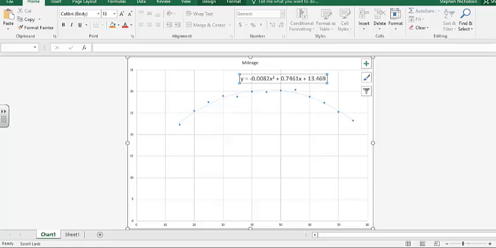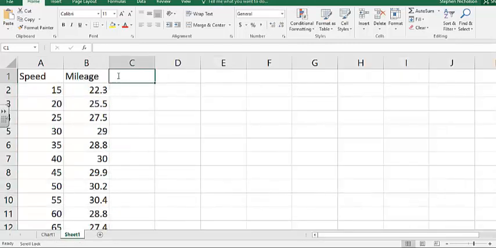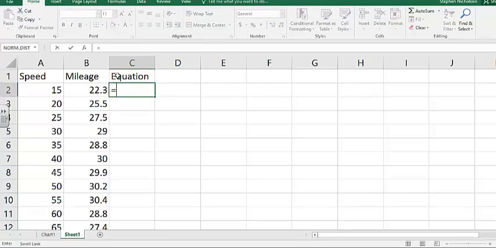And we're going to use that equation to generate a third column. So we'll say this is equation. And it's going to be equal to negative 0.0082 times x, which is the speed. So we click in cell A2, we square it. We add 0.7481 times x, which is cell A2.